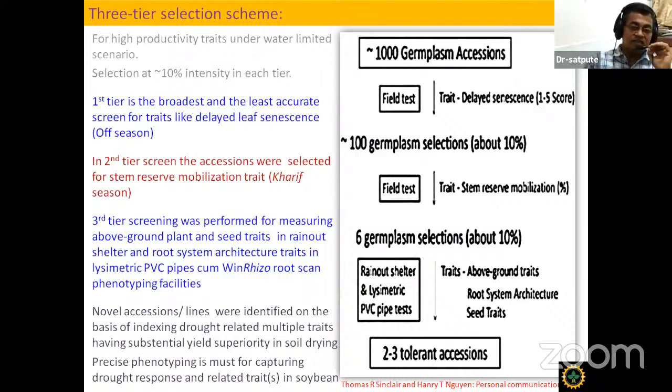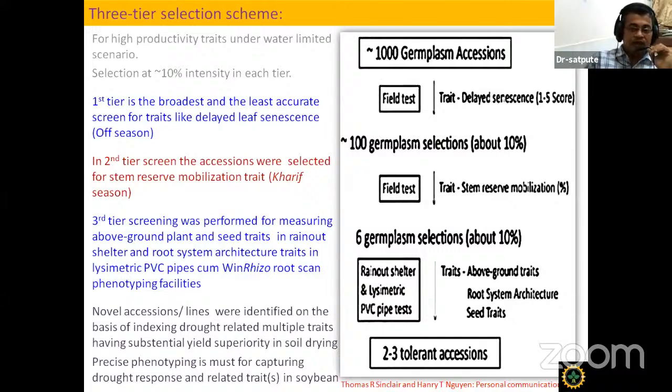In the third tier screening, we go for another 10% of selection, and screening was performed for measuring above ground plant and seed traits in rainout shelter and root system architecture traits in lysimetric PVC pipes, with the WinRhizo root scan phenotyping facility.